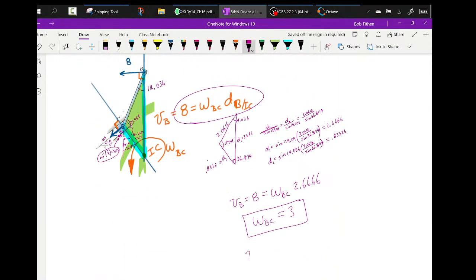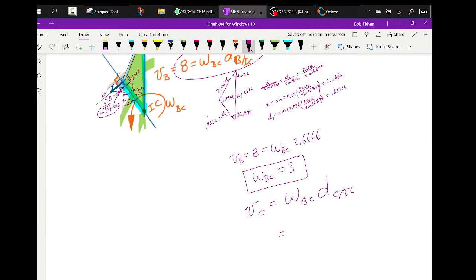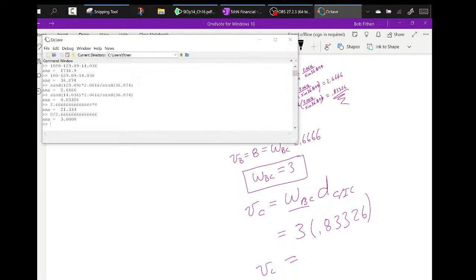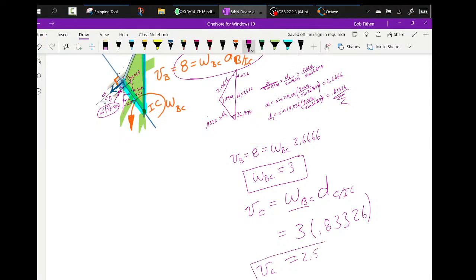Okay, so let's look at the velocity of point C, which now is omega BC times the distance from C to the instant center, which is 3 times this really tiny number, 0.83326, or 3 times 0.83326, roughly about 2.5.